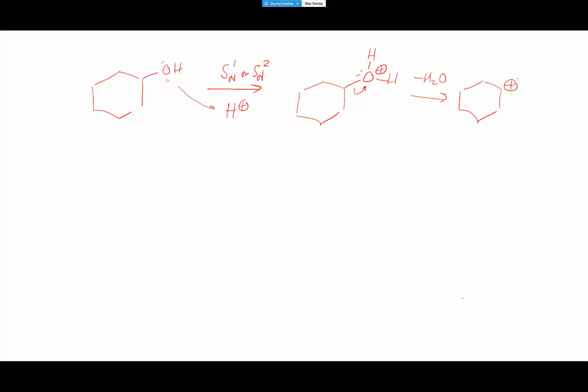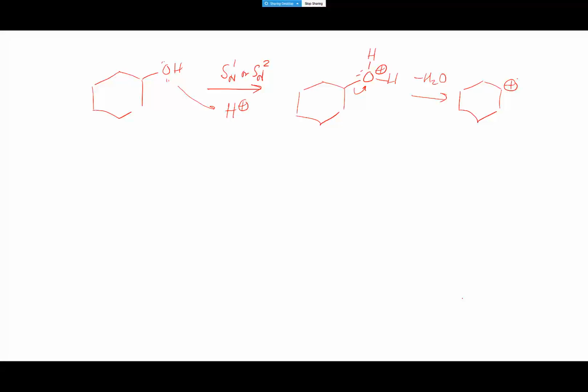The idea here is if you want to do SN1 or SN2, you need to use H plus in order to make the water leave. But then what are you going to substitute for that OH group? I thought you said SN2 can be carbohydrate. Right. I'll show you what an SN2 looks like in a minute. So this is just SN1 right now, but it doesn't have to be.